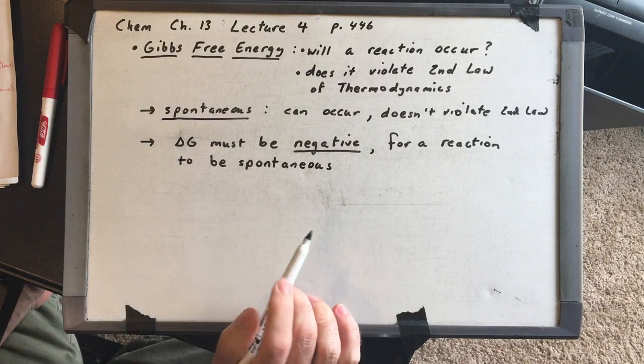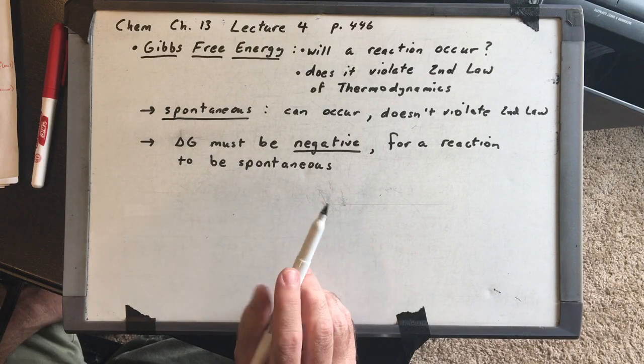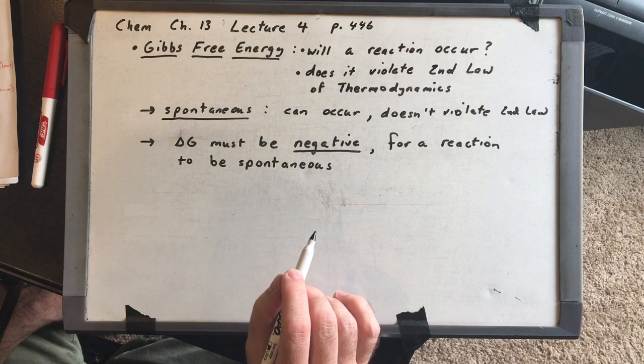So we're going to do some math, and if we get a delta G that's negative, we know that the reaction is spontaneous, which is just a fancy way of saying that it can occur.